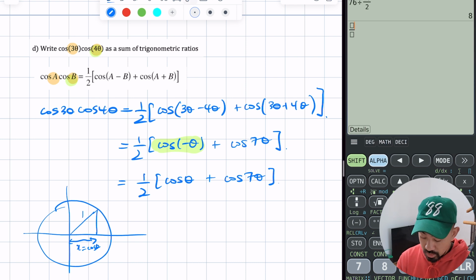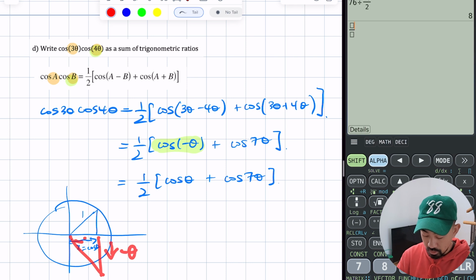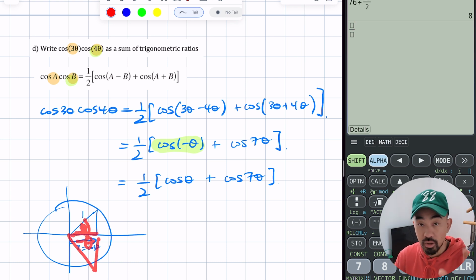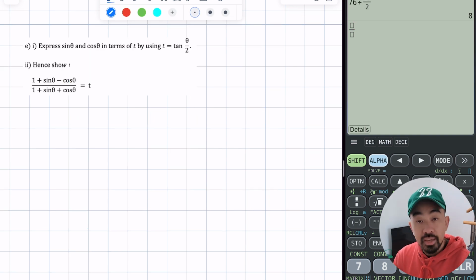So what it's saying is if we go negative, if we go minus theta down this way, well, that angle there is still going to give me this positive x coordinate. Okay, so it's still going to remain positive. So cos minus theta here is actually the same as cos theta up here because it's going to be the x axis. Okay. All right, E.